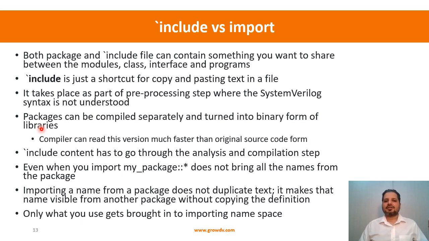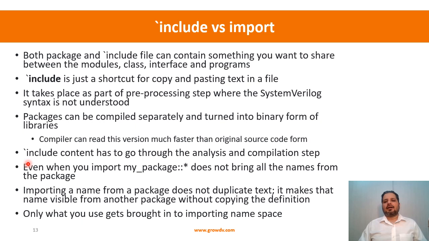The advantage of that is when you do this, the compiler can read that binary version much faster than the original source code form, because it doesn't have to do the analysis, check and all that, right? All those things have already been taken care of, so you don't have to do that. Whereas when you do the tick include, the content, eventually after the pre-processing step, as we had seen in the compiler directive implementation, has to go through the analysis and compilation step again, whereas that won't be applicable when you do the import.